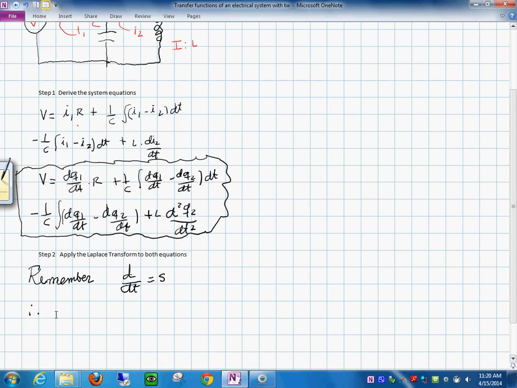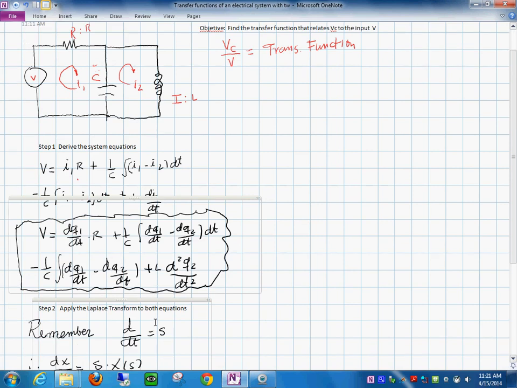So consequently, if you have dx dt, it is s times X of s, and if you have d squared x dt squared, this is s squared times X of s, like that. So it's going to replace and convert the differential equation into an algebraic set of equations in the S domain. So those are steps 1 and 2.